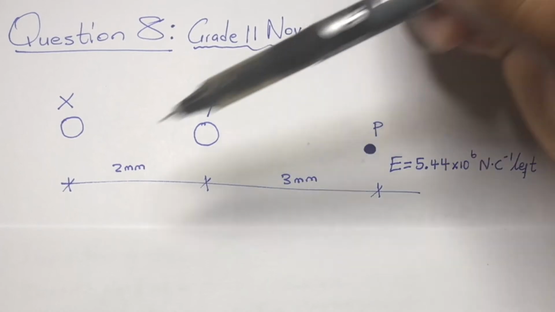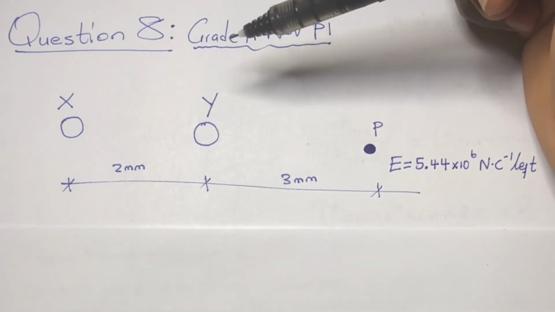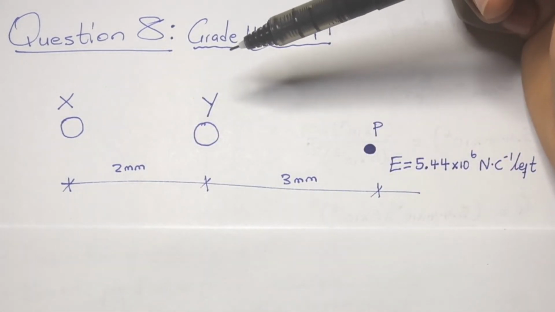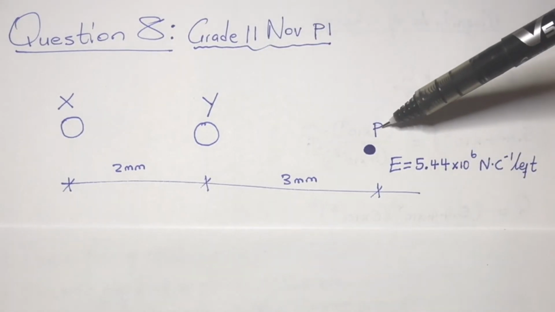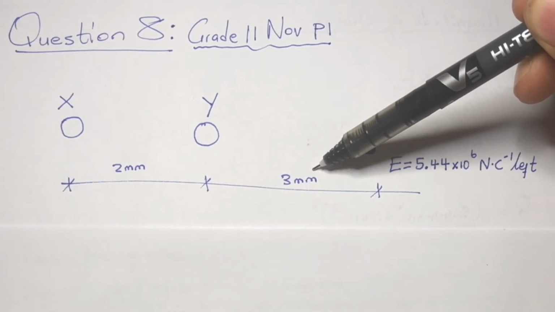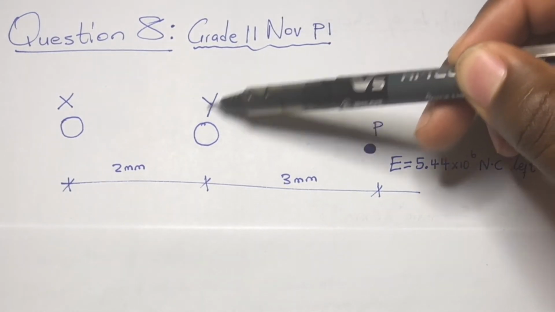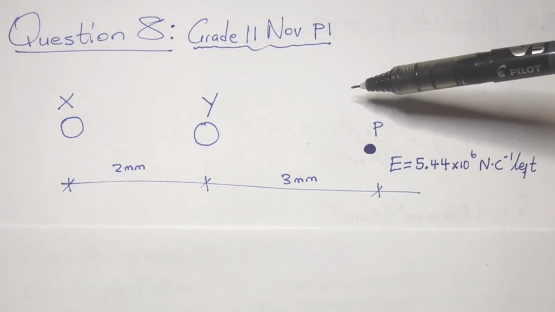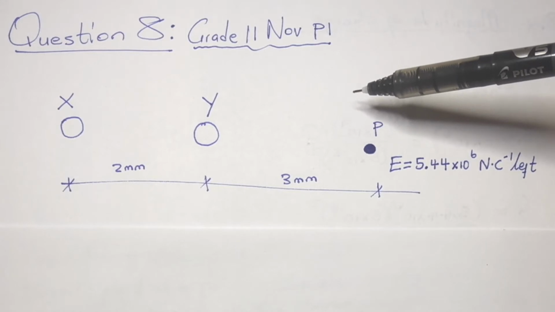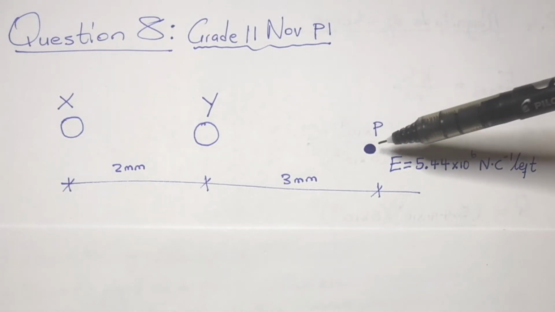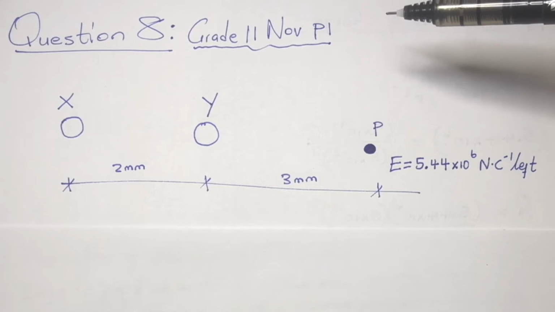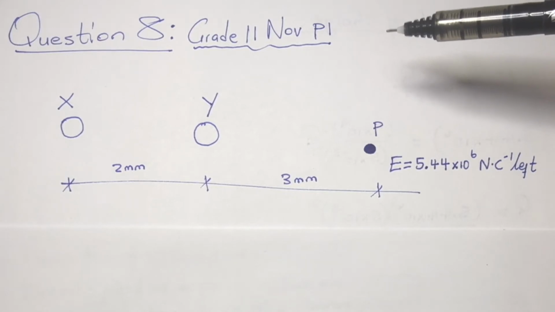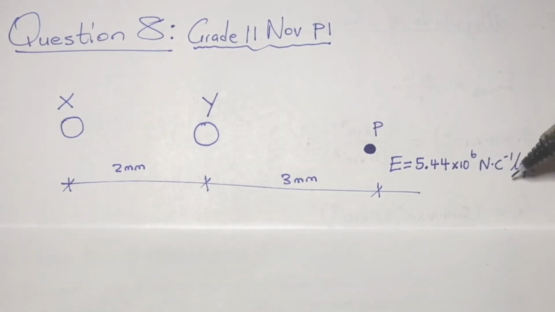And also, they are placed 2 millimeters apart. And then you've got your point P, which is placed 3 millimeters to the right of point Y. And again, this point P has a net electric field of this much to the left.